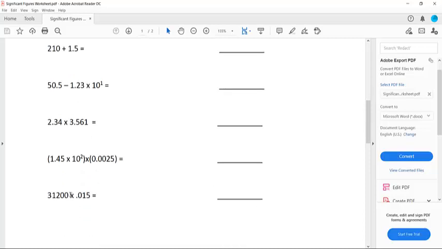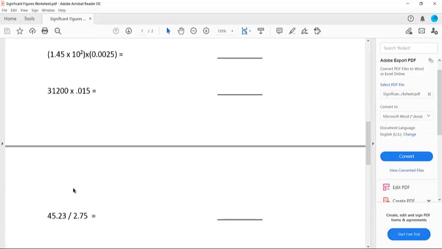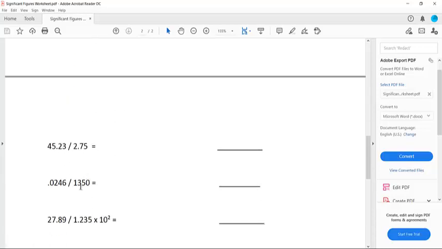The only one you have to be careful about here is 3120. So this one only has 3 significant figures, not 5 significant figures. This one has 3 significant figures because of the 0, which we didn't talk about, so I'll talk about that in a second. Let's see if there's any others here. This one only has 3 significant figures.